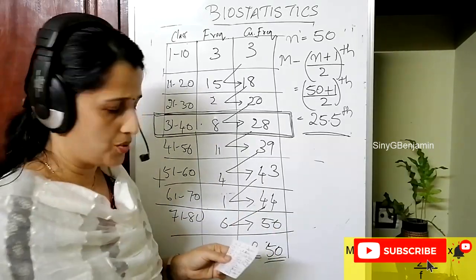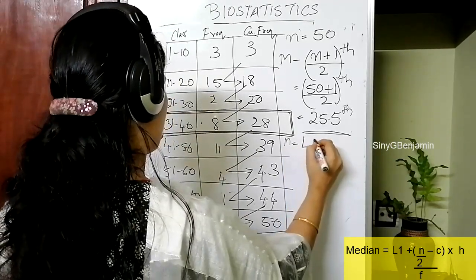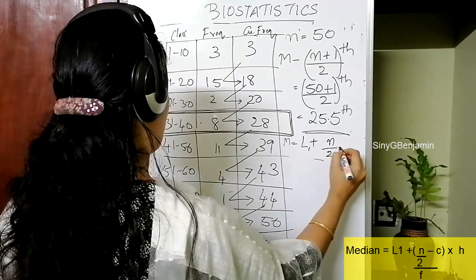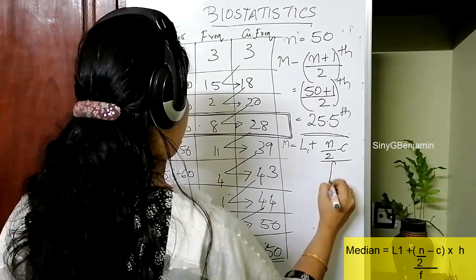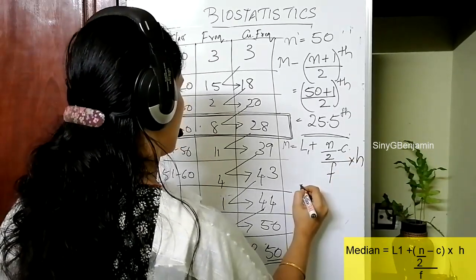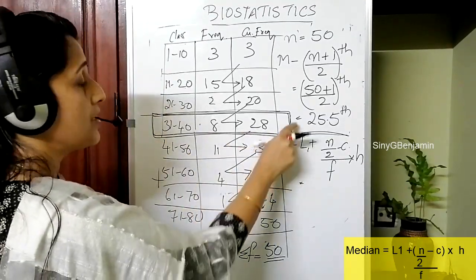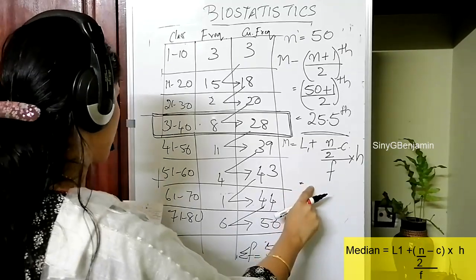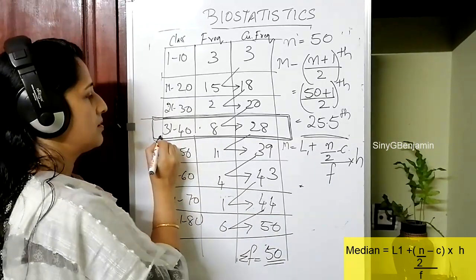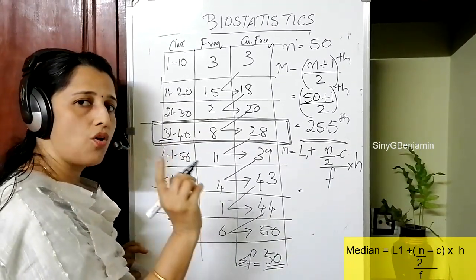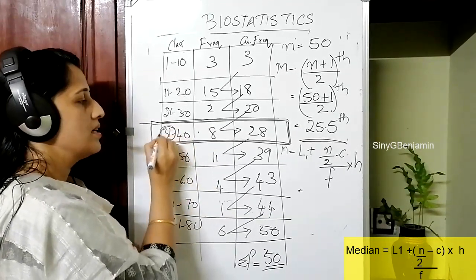The equation: M is equal to L1 plus N by 2 minus C by F into H. L1 is the lower limit of the median class, and so here L1 is equal to 31. This is the class interval. Lower limit of the median class is 31.